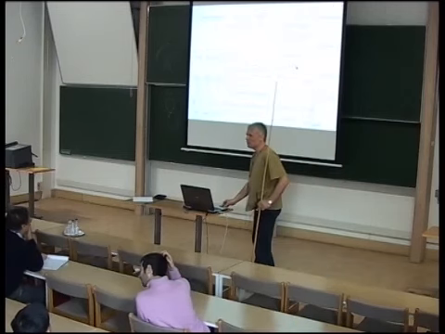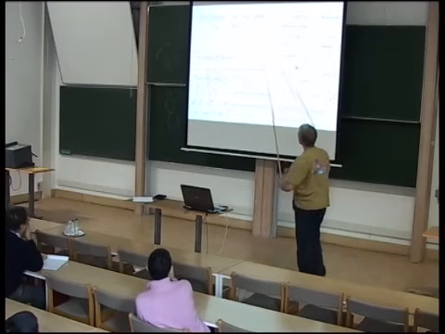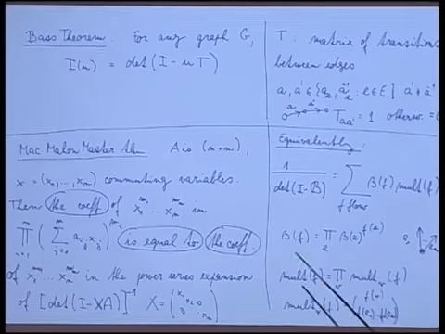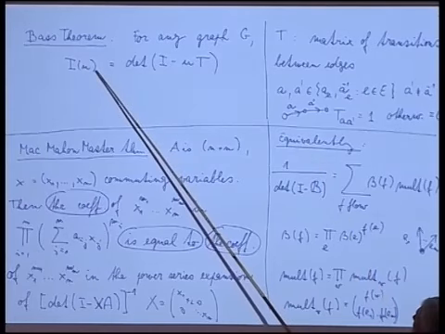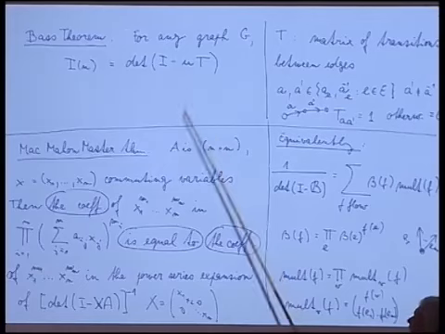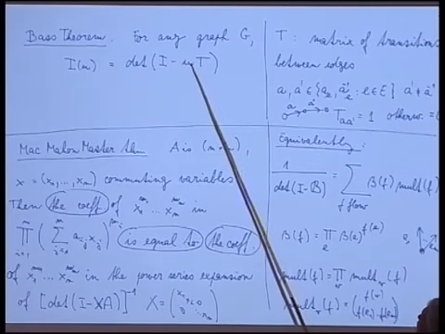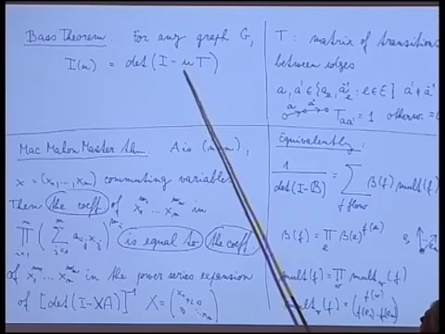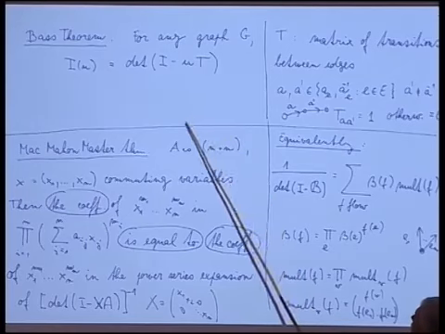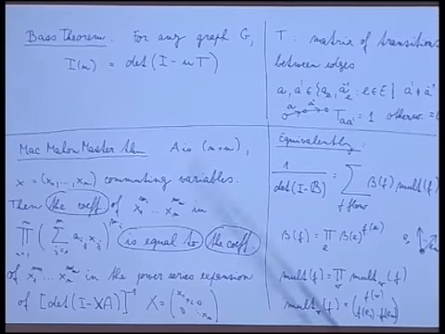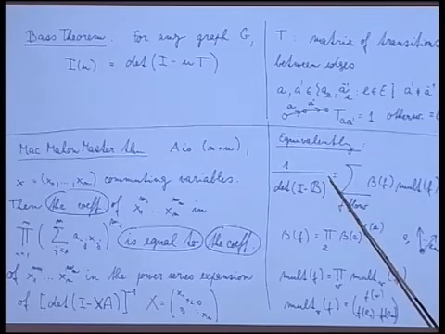Okay, so there are two basic things which I want to speak about. It's Bass's theorem and the MacMahon Master theorem. So Bass's theorem is that the Ihara-Selberg function is a determinant, and here you put U to all the entries of the matrix, or you can imagine that U is the diagonal matrix where U is any entry of the diagonal. Where T is the matrix of transitions between directed edges.